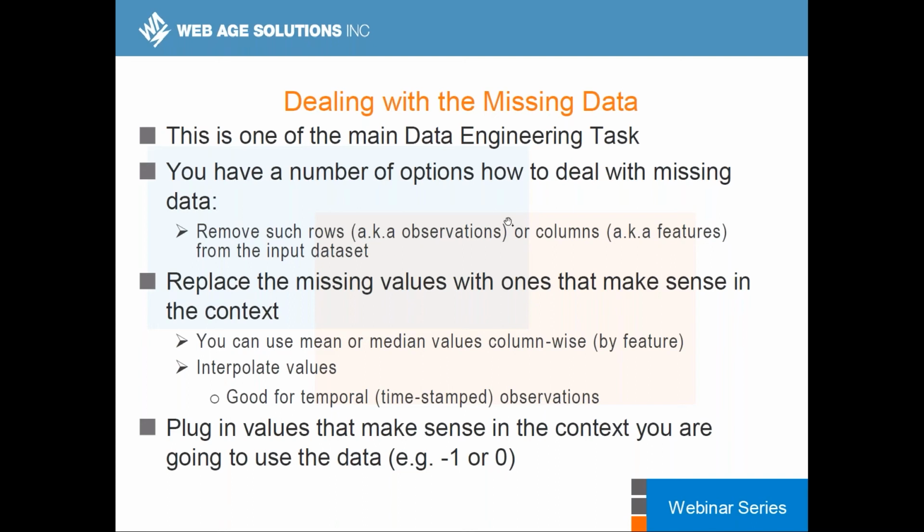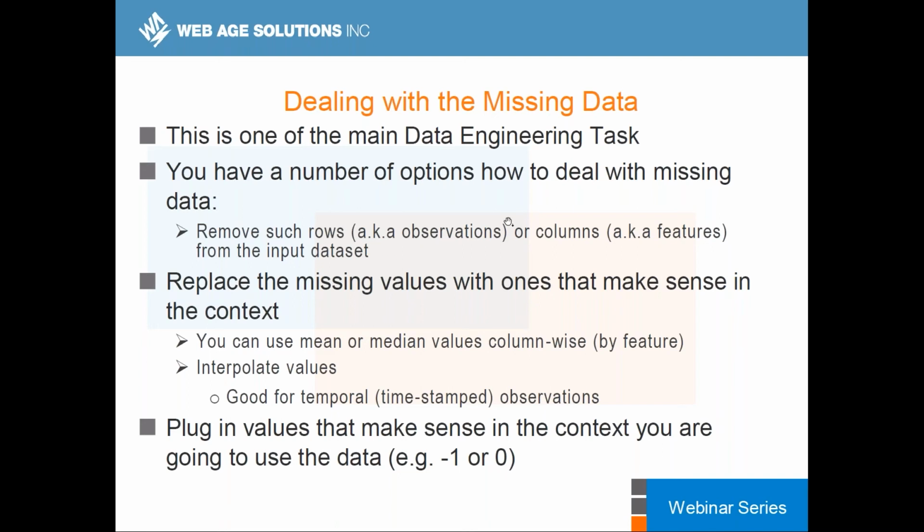find a better strategy, and usually it is about plugging those holes with more meaningful data, and mean or median values would be a good approximation. Also, interpolation helps as well.